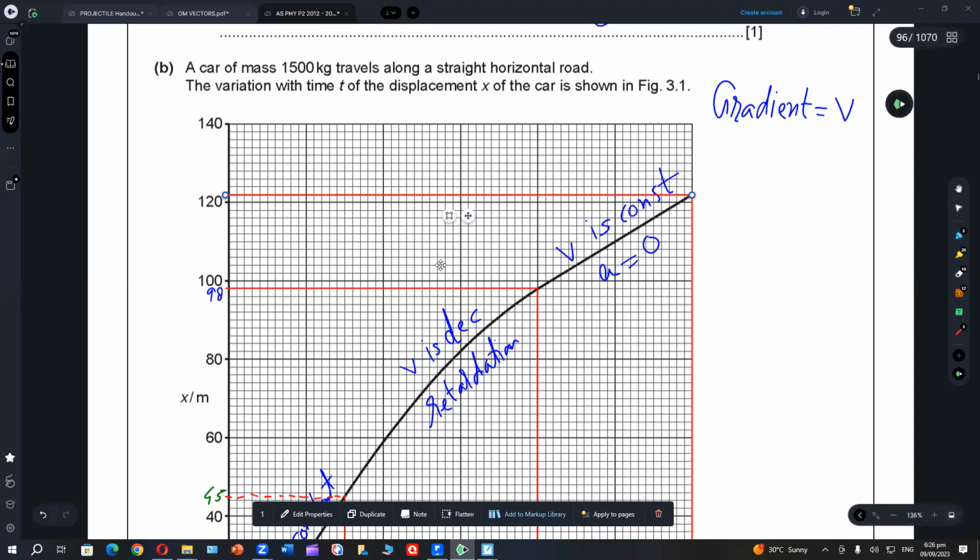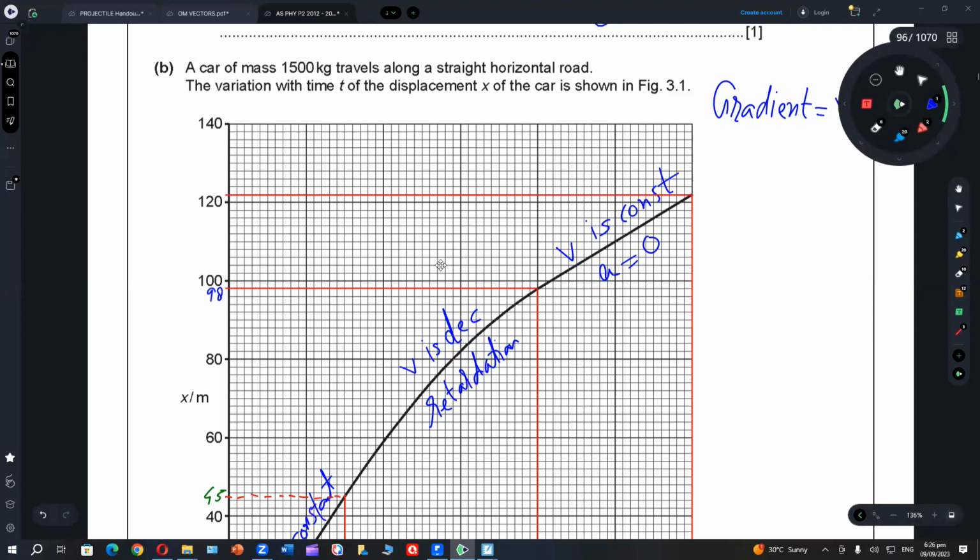What is this number? Right above 120, this number will be 122. Why am I doing that? Because it's a straight line in between. Now 122 minus 98 upon 6 minus 4.